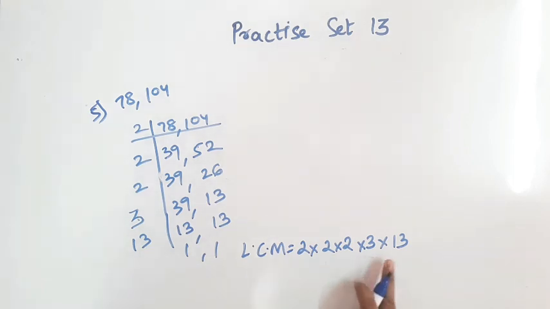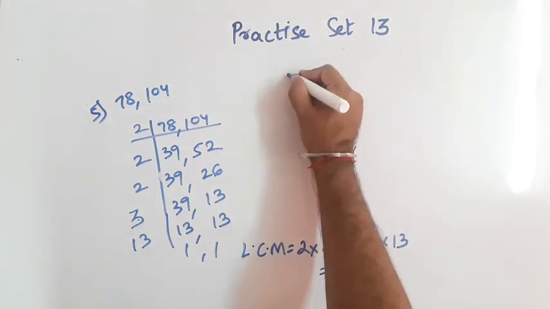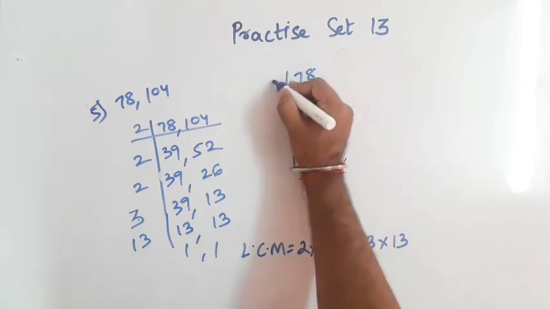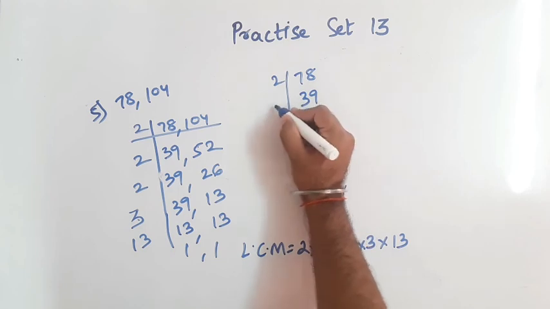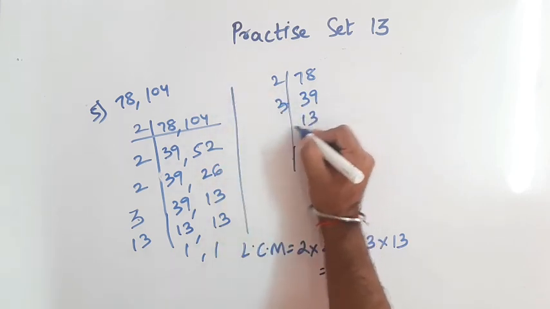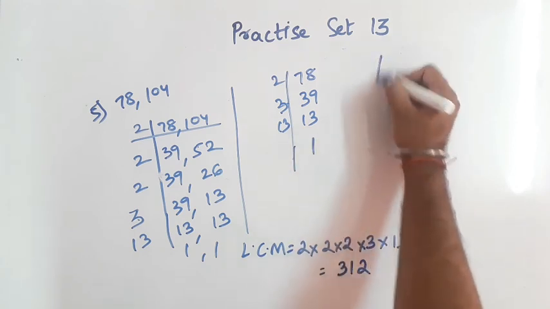What is 24 into 13? 24 into 13 is 240 plus 72. That is 312. Now let us find the HCF. 78: 2, 39, 3, 13 and 13 ones are 13.